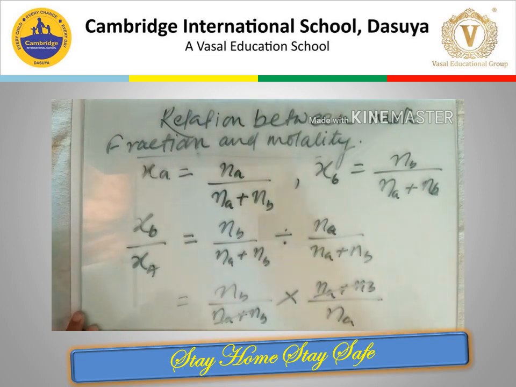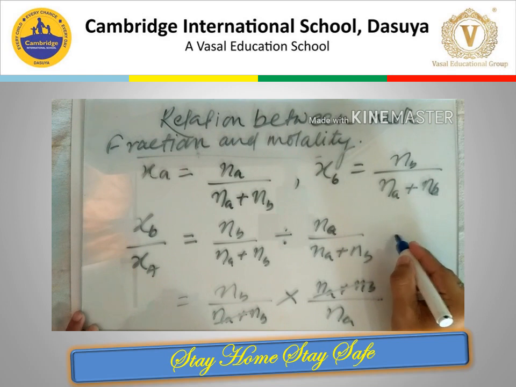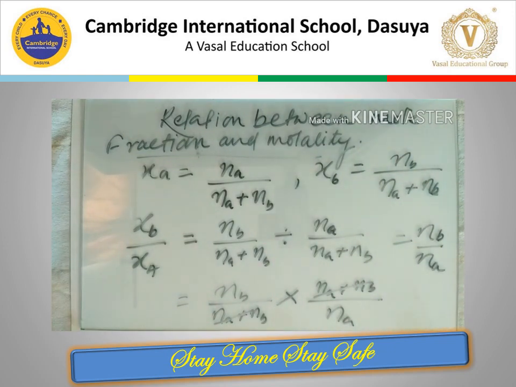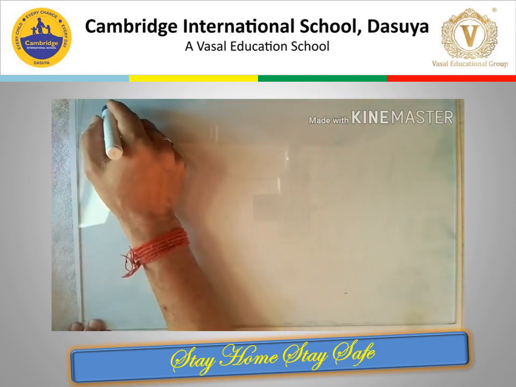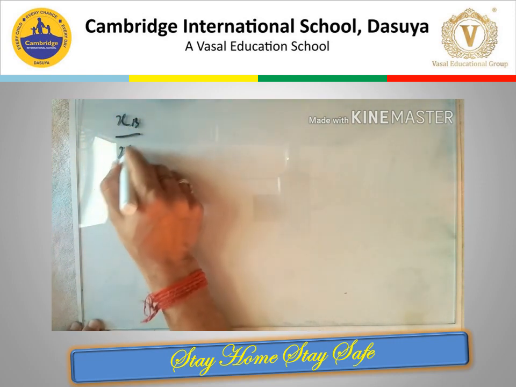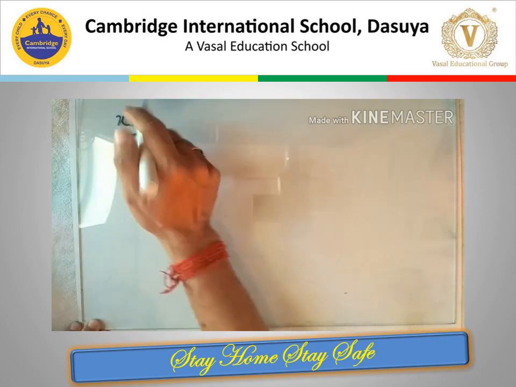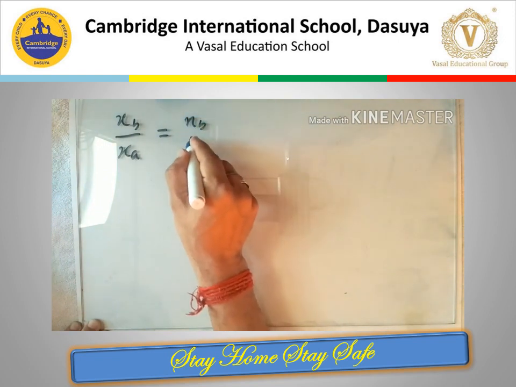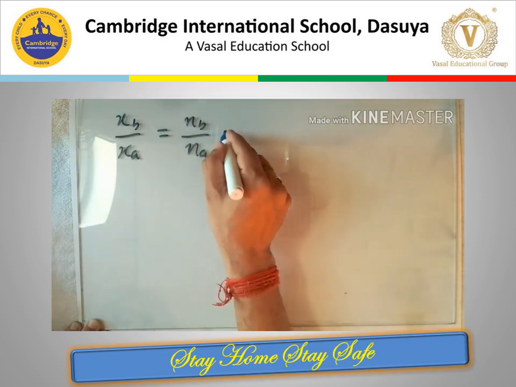This cancels out, so overall this term becomes NB upon NA, that is the number of moles of B to the number of moles of A. Thus we have mole fraction of B to the mole fraction of A equals number of moles of B to the number of moles of A.